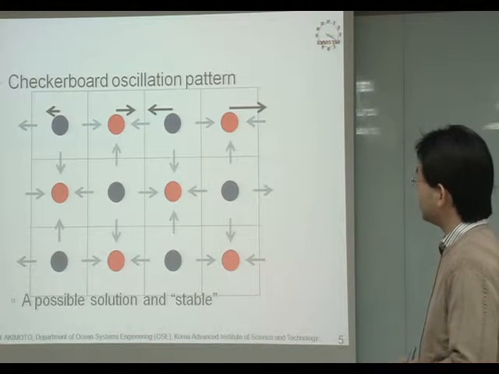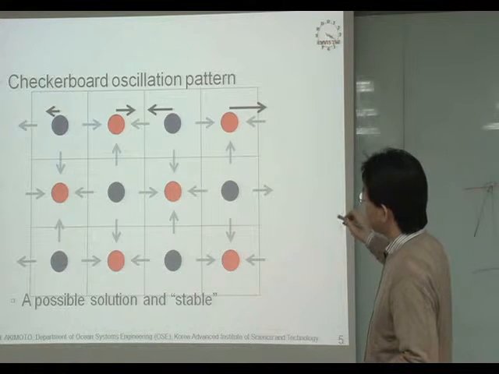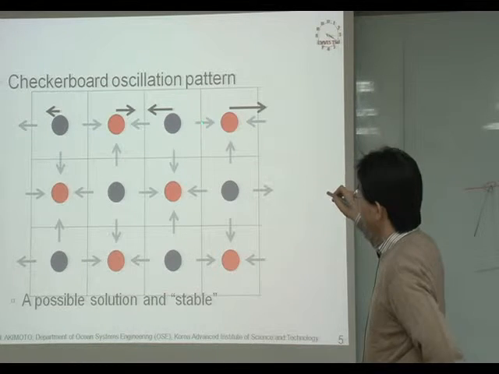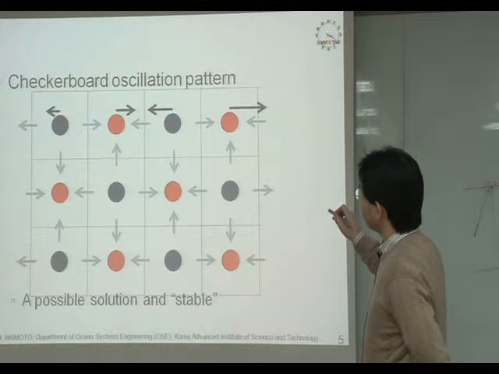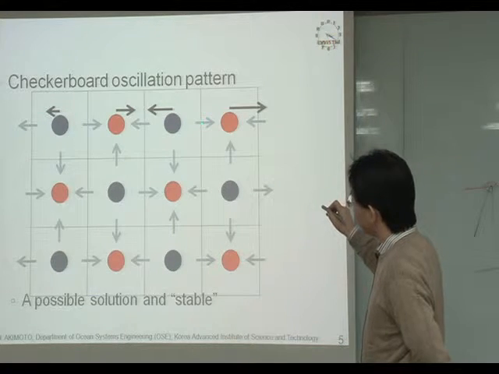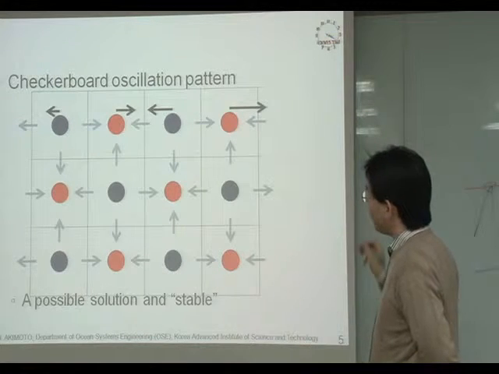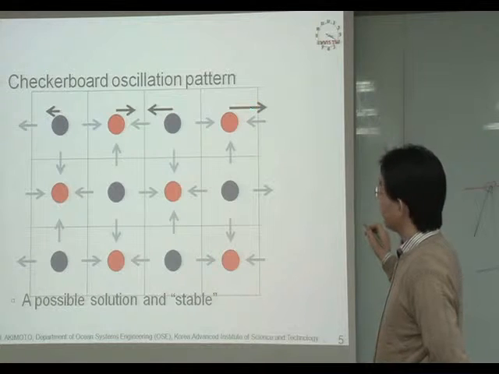The resultant mass flux on this point is positive in this direction, because the velocity on this point will be evaluated by averaging this one and this one.